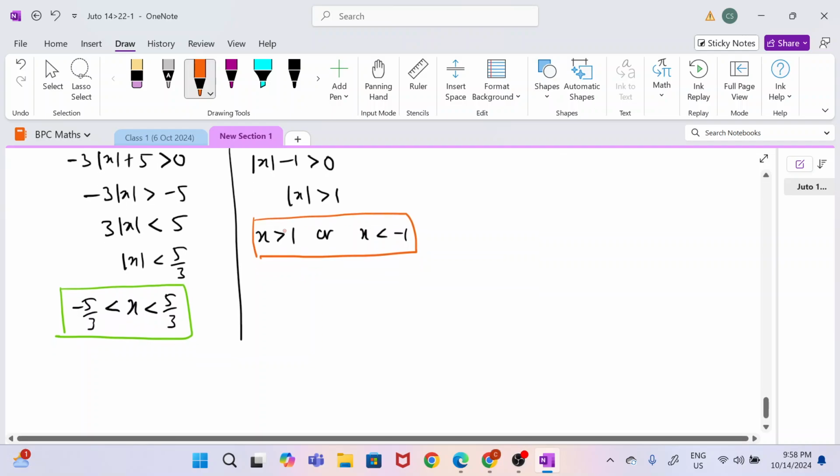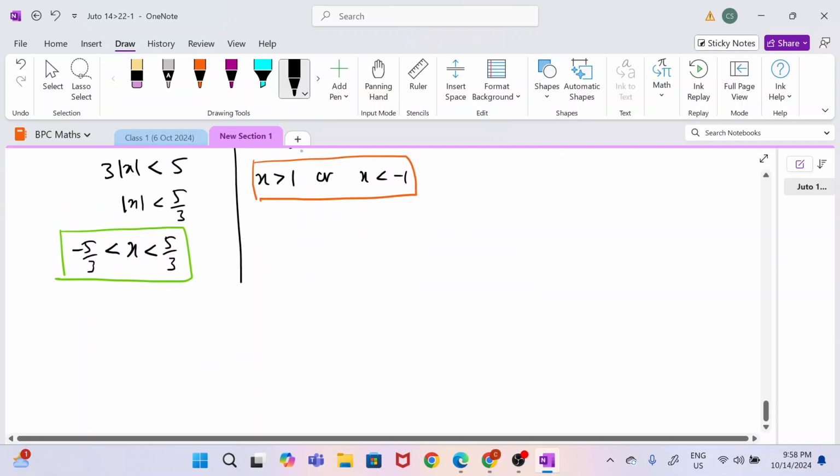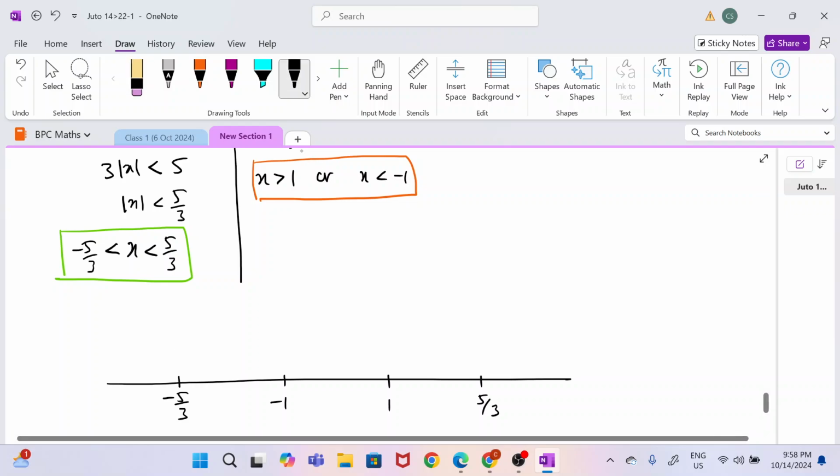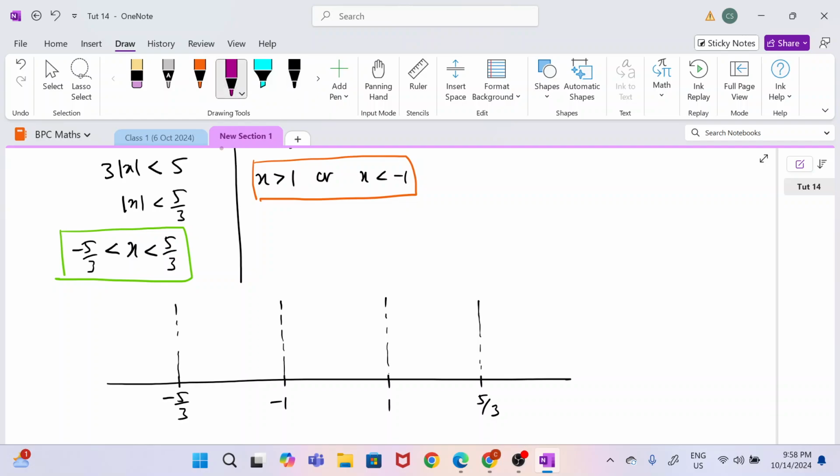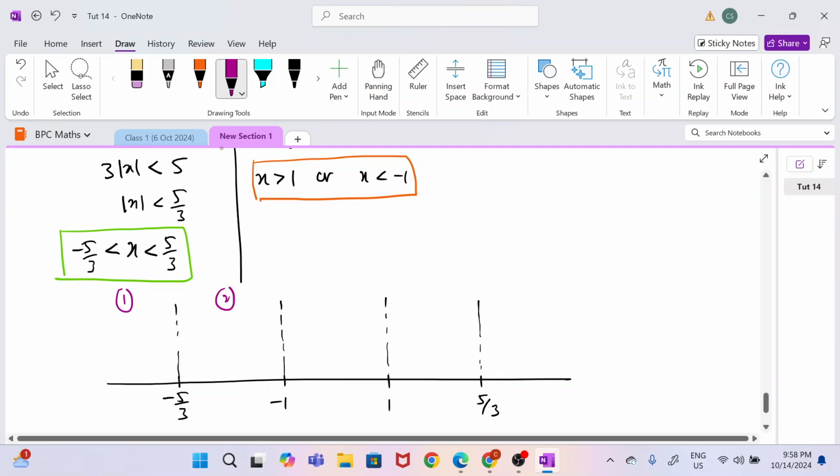we're going to draw this in a number line system. We have 5 partitions here.